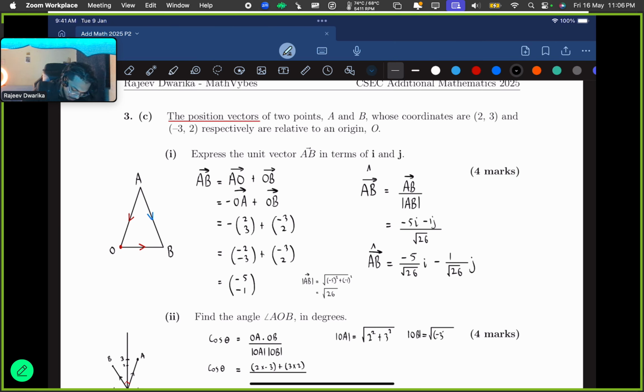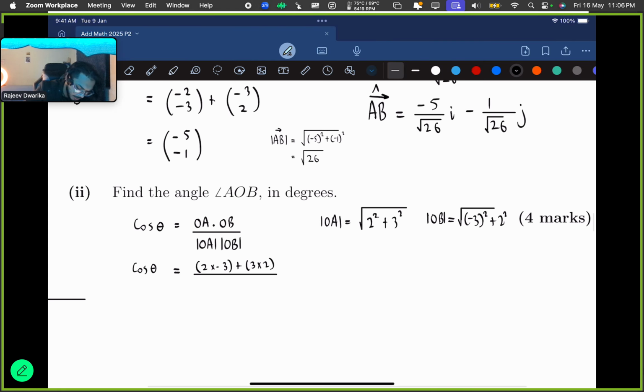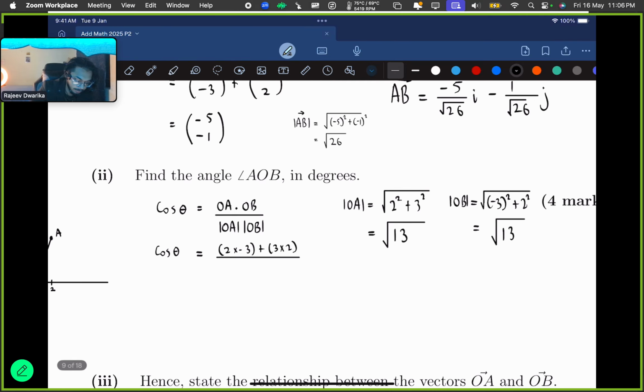So that's the square root of 4 plus 9, which is 13. Both of them have the same magnitude, the same length. So you end up with root 13 by root 13, which is just 13.